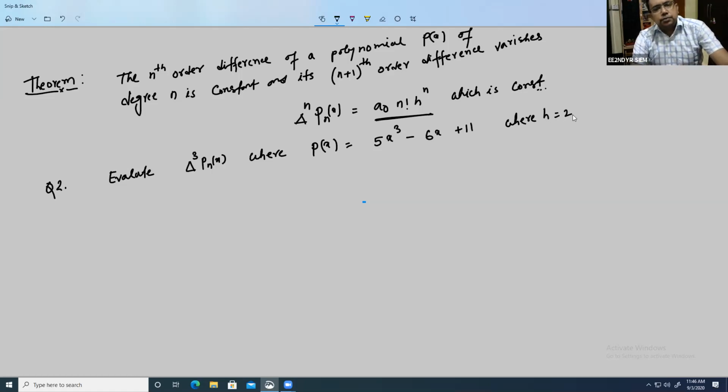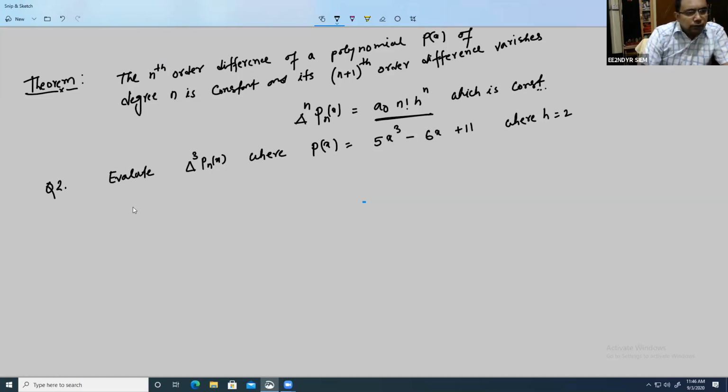So this question may come. What will be the maximum degree of this polynomial? This is a third degree polynomial, so del 3 is the maximum possible. If this were fourth degree or fifth degree, it would be different.